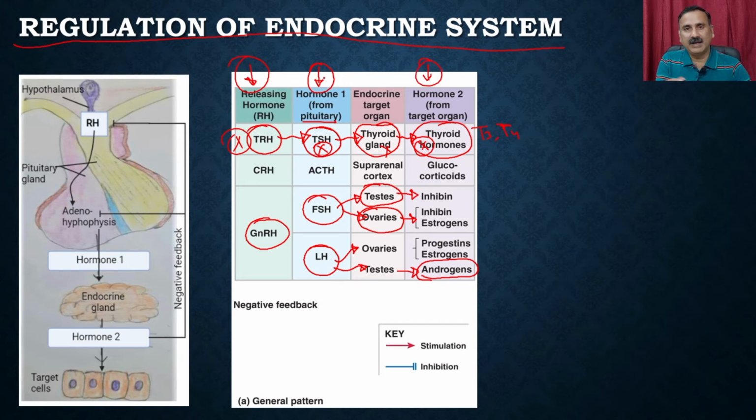So that's how you have the double layer regulation of the secretion of these hormones, and mostly these are feedback mechanisms, which means once you have enough quantity of T3 and T4 production, it is going to have an effect on the TRH, and that's how it is going to stop the secretion of the TRH, and eventually stop the production of T3 and T4.